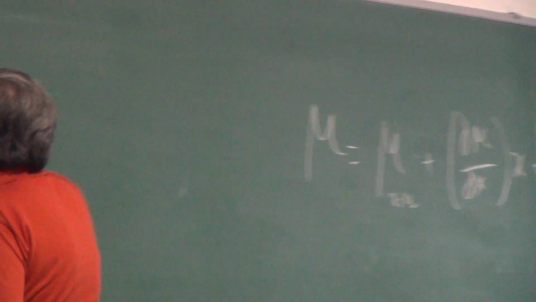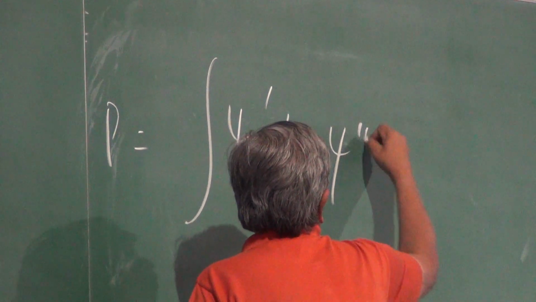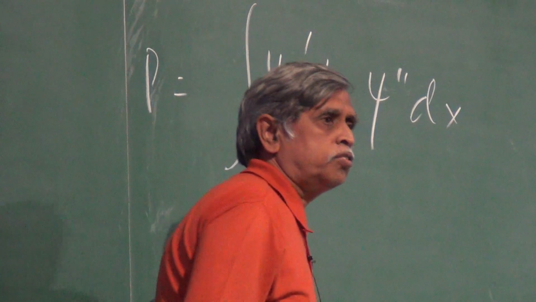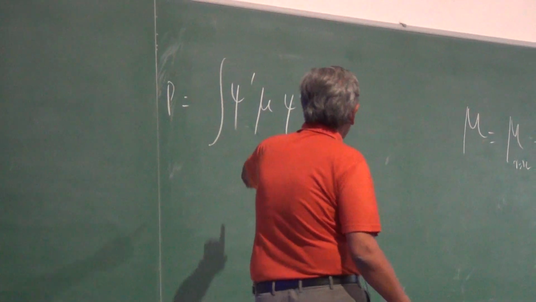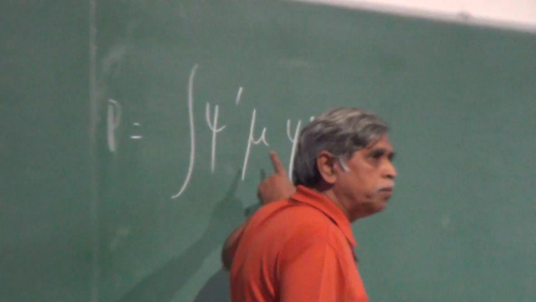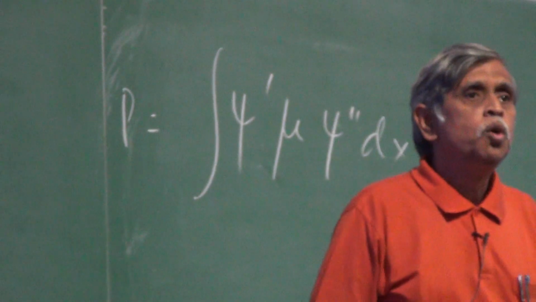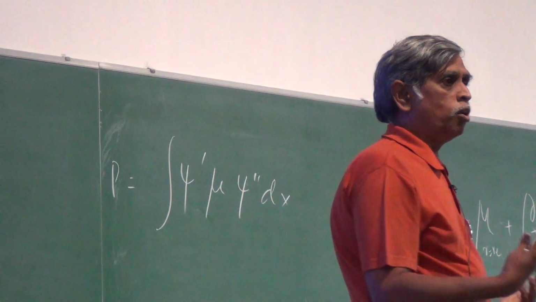Now, you know what the transition probability integral is: the integral of psi prime mu psi double prime dx. Looking at a one-dimensional oscillator, so I just look at x. Psi prime is the vibrational upper level, psi double prime is the lower level, and mu is the dipole moment operator, which is the one that actually helps the light couple energy into the molecule.